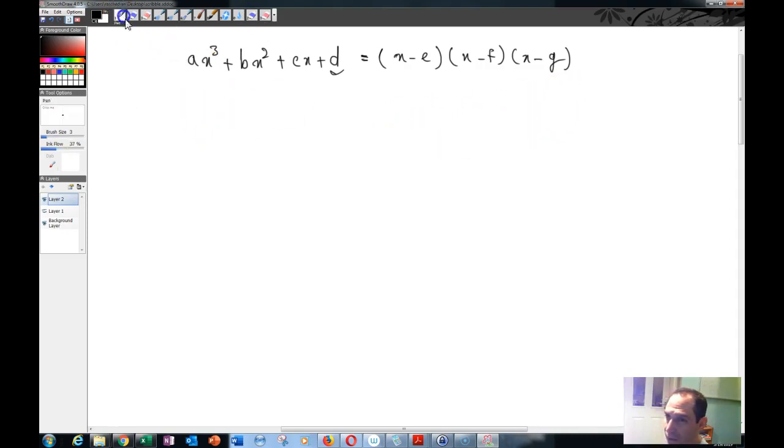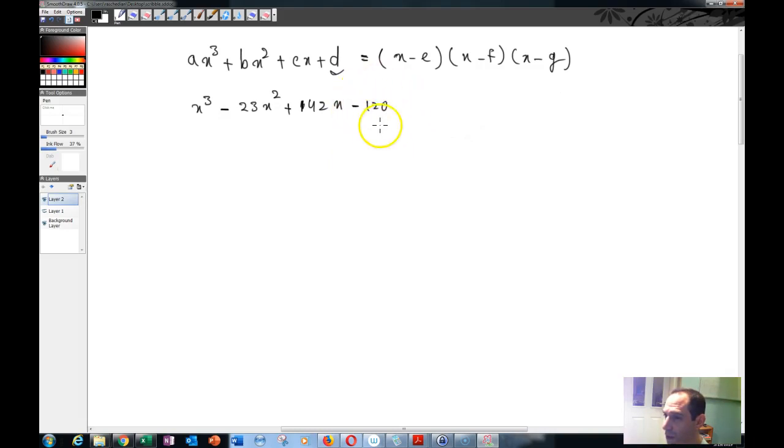basically what you can do here is, let's say that you have a polynomial x cubed, for example, minus 23x squared plus 142x minus 120.